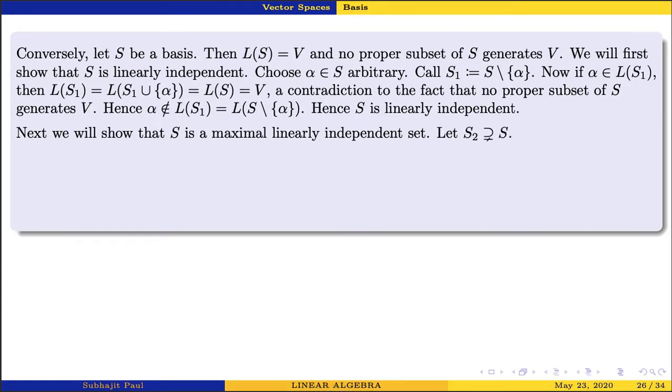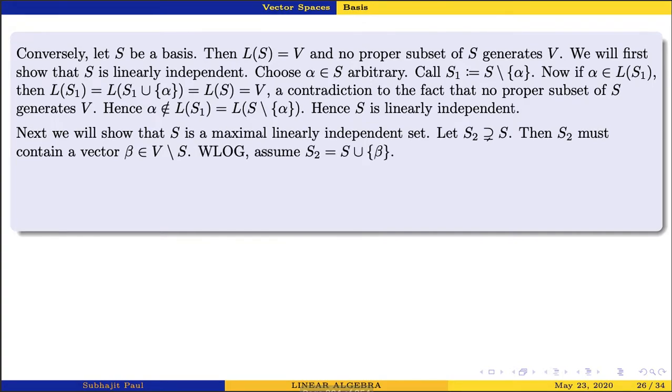Let S2 be a proper superset of S. Then S2 must contain a vector beta from V minus S, of course. Without loss of generality, assume S2 is equal to S union beta. Okay. Why is this without loss of generality?